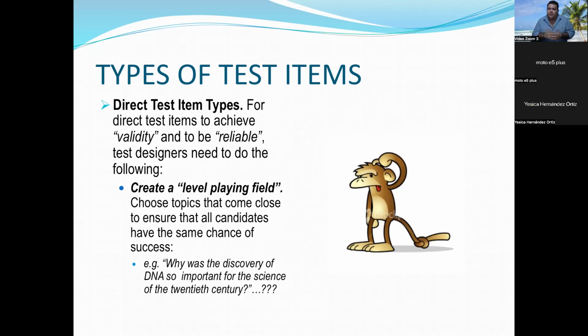I'll give you an example. If I ask you, can you tell me the 5 most important dates in the French Revolution? You probably will fail the question unless you like history. So you probably will fail it because you don't know.